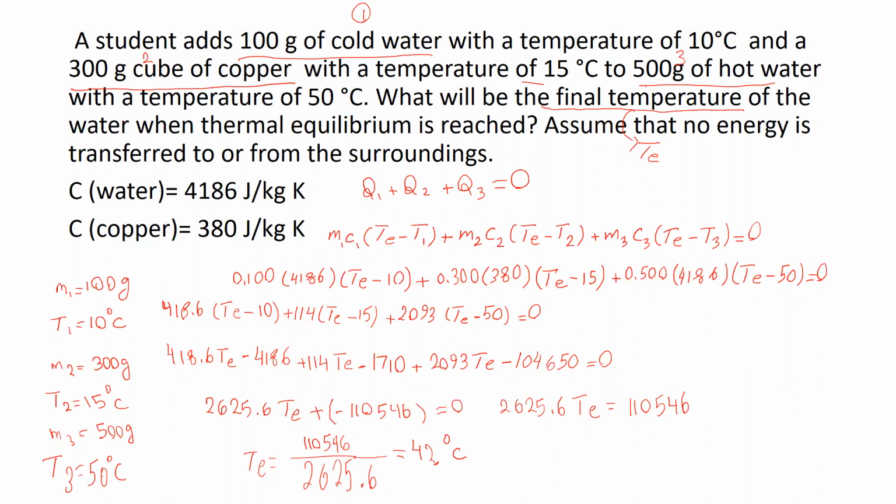Then we multiply this number by TE and also by 10, and this one by TE and 50, and the same here. We get this equation and we add all the TE terms together and all the other numbers together. We get this equation, and then with simple math you calculate your TE and it becomes 42 degrees centigrade.